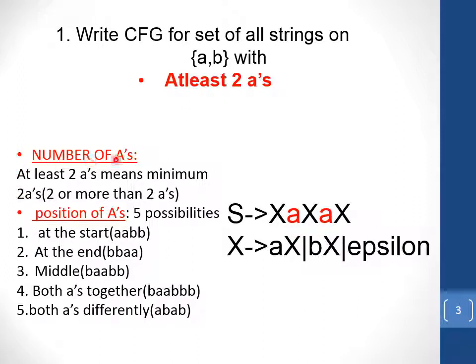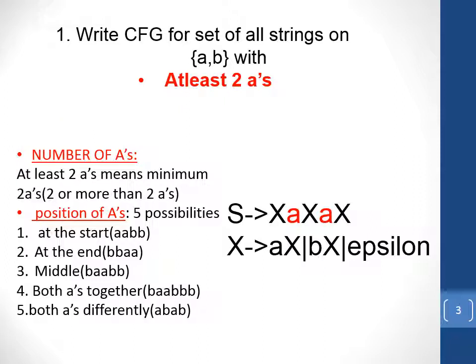So the minimum count of 2 a's is satisfied by this rule. And if you want more a's, you can simply replace a capital X by aX or bX. If you have aX, then you can have any number of a's, and if you replace by bX, you can get any string that is acceptable by this grammar. So this condition is checked.